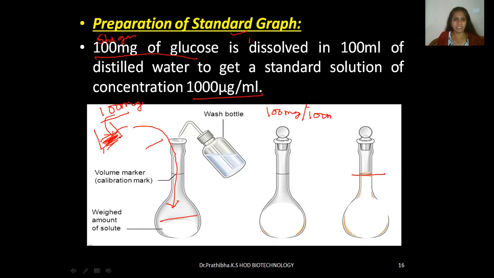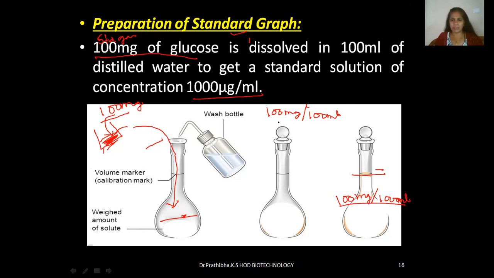First we dissolved it in a small amount of distilled water, and that dissolved solute was put into the flask, and then the final volume was made up to 100 ml. So here you can see the presence of 100 mg of glucose in 100 ml.